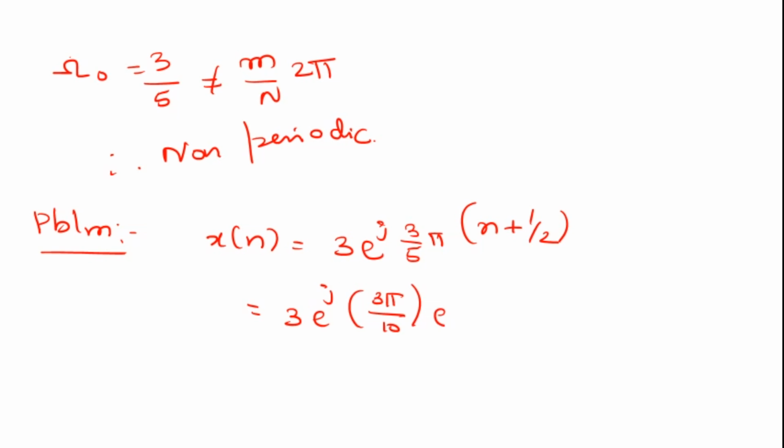Then ohm naught is equal to 3 by 5 pi, which is equal to 3 by 10 into 2 pi. Therefore, m by n is equal to 3 by 10, which is a rational number.